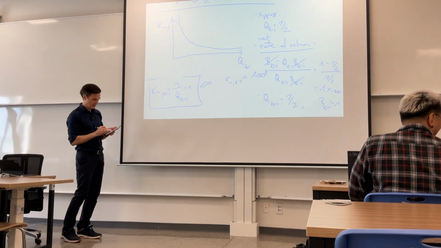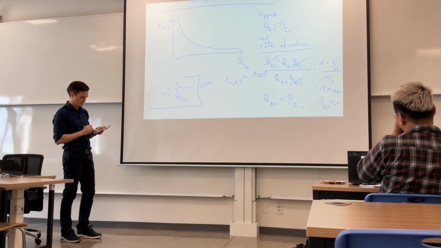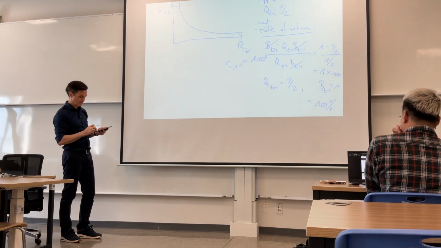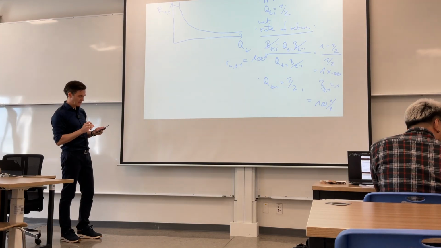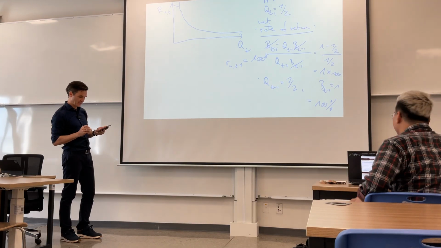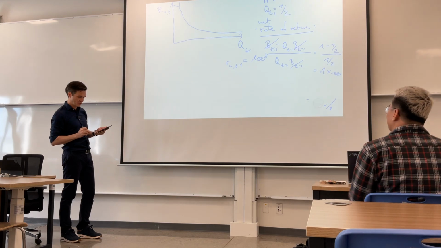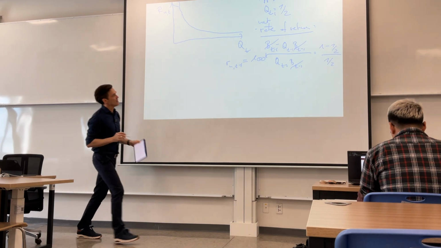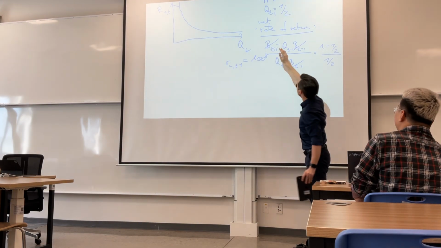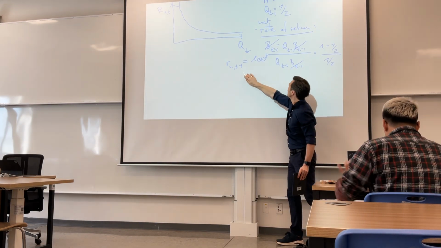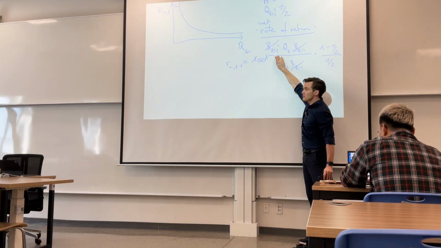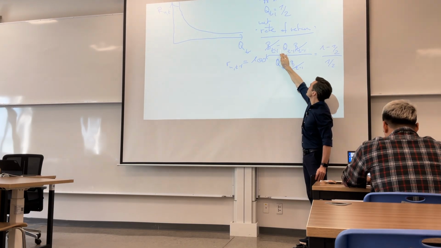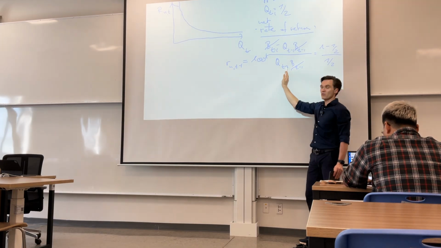So let me take that out here. Fantastic. Okay. So let's be careful with this. So the net rate of return is the payout minus your investment, divided by what you had invested.